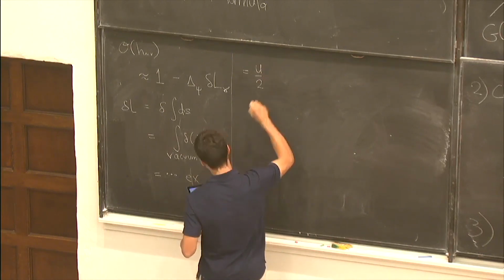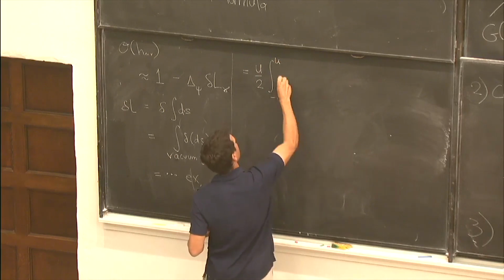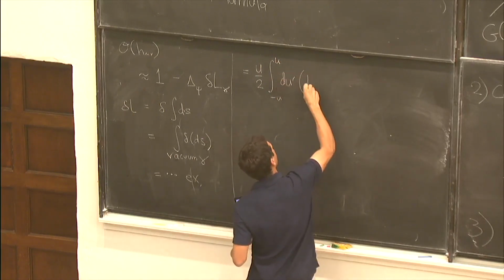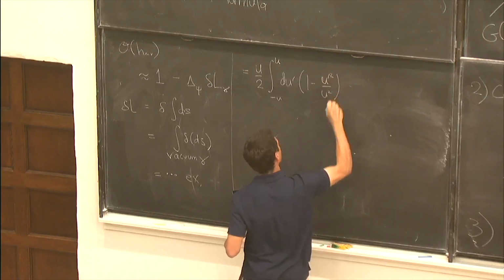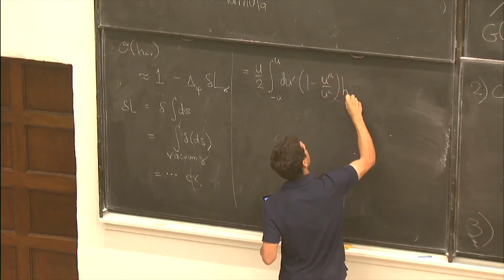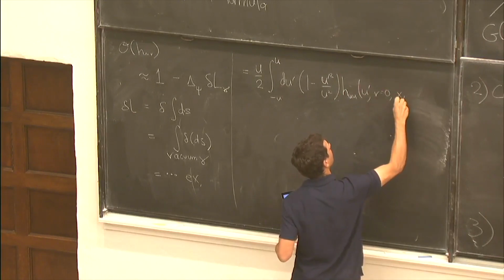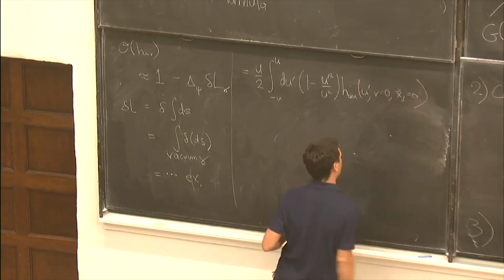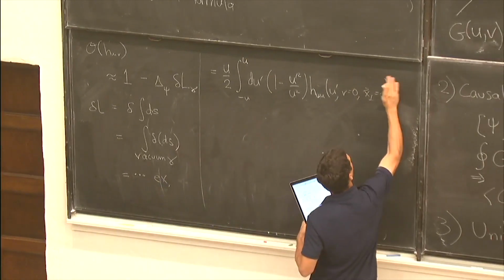It gives you u over 2, integral from minus u to u, du prime, 1 minus u prime squared over u squared, h_uu of u prime, v equals 0, with perp equals 0. Sorry, I need a z in here.